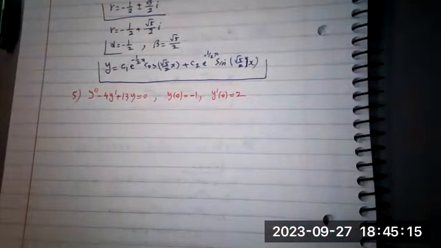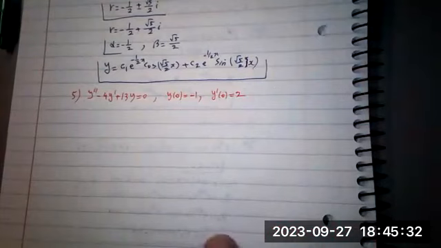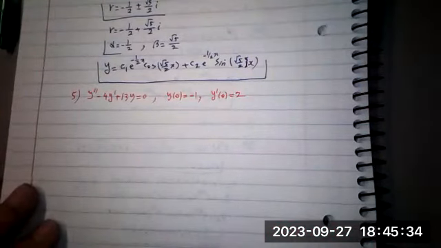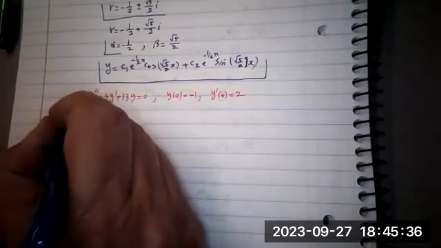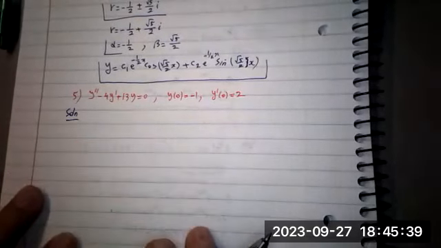Remember, it is an equation of second order, so you have two constants and you need two initial conditions to find them. Solve it first, get the general solution, then come back and identify C1 and C2. Start with your characteristic equation. What's the characteristic equation for this one?